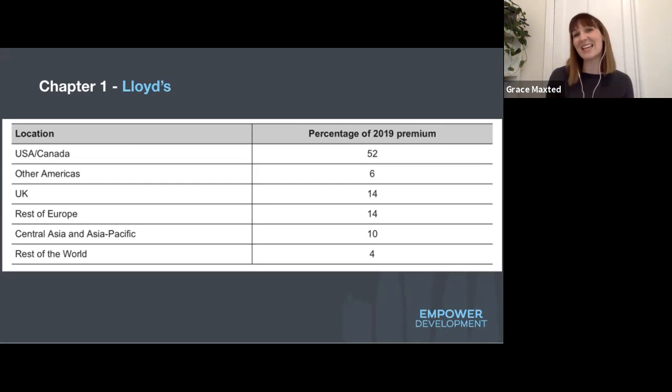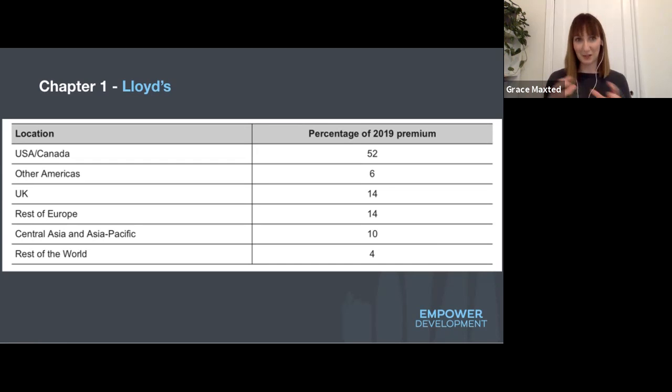You'll start to see that because of the global reach of the Lloyds market, in terms of locations and sources of business and the premium coming in, over half is attributable to the USA and Canada. The UK is actually a little bit further down, and then we've got the rest of Europe and then the rest of the world as well. You'll start to see some of the distribution as we go through.